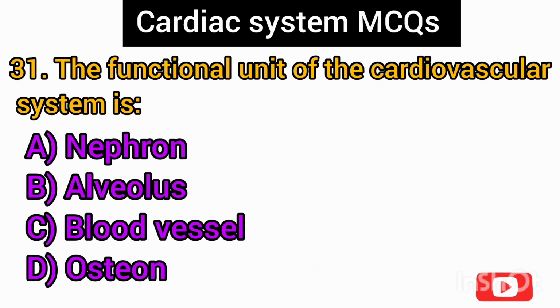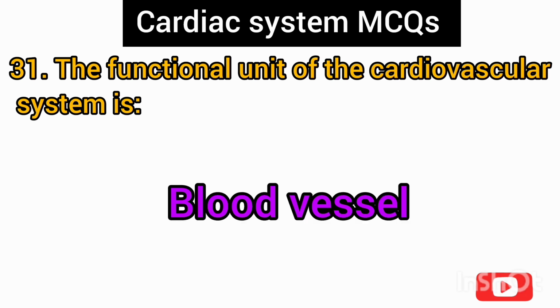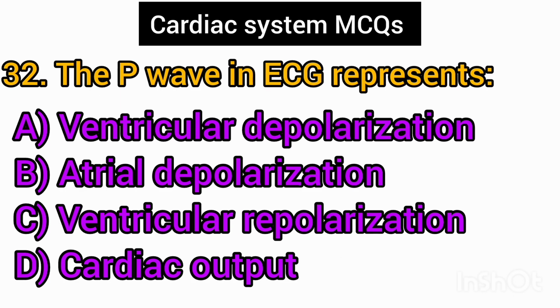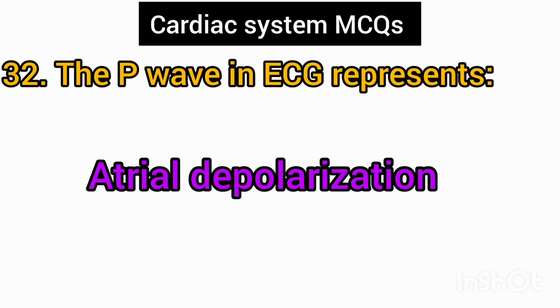The functional unit of the cardiovascular system is blood vessel. The P wave in ECG represents atrial depolarization.